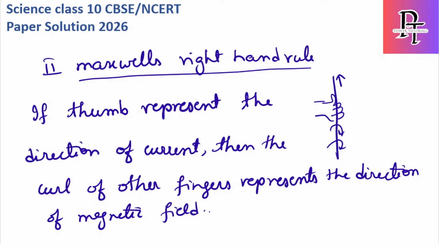So what is happening here? If the thumb represents the direction of current, then the rotation of the curled fingers will represent the direction of magnetic field. Okay, is it clear till here?